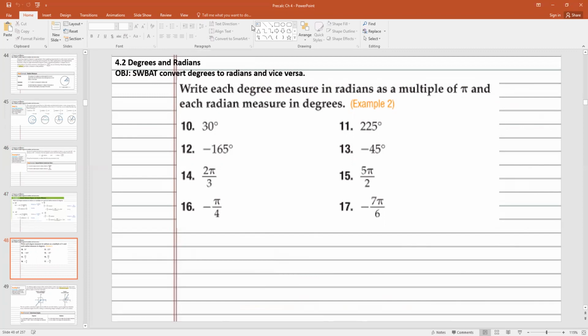I know it's not an odd number, but try number 10. All right, and then I'm gonna do number 13. And then I want you to try number 14. I know it's not an odd number, I'm sorry. Why don't you try 15 then? Yeah, try 15 and I'll do 17.